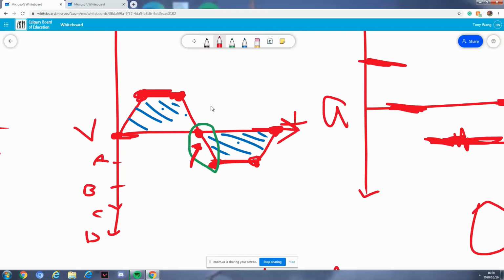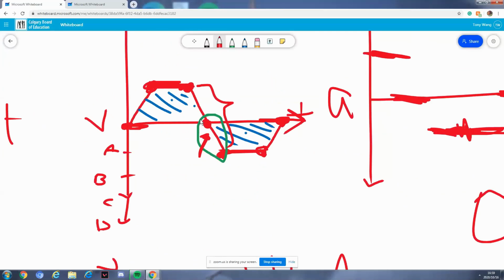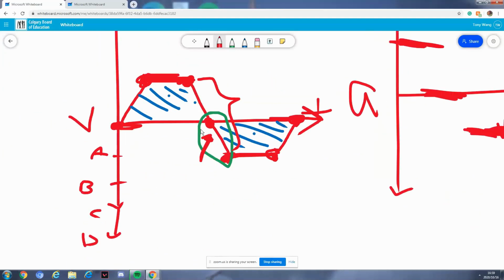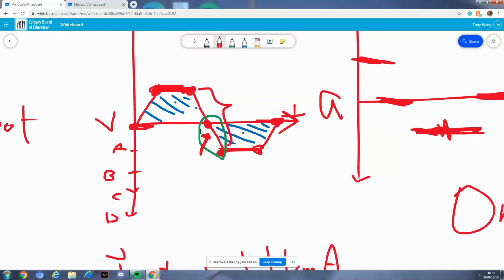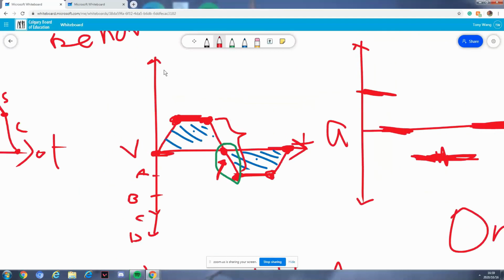Rachel, how would you explain this? You have to think about the bigger picture. Just because it's on the x-axis doesn't mean it's not moving or accelerating. You still need to calculate the slope of the greater line to find the acceleration, because only in this moment of time is it not moving, but throughout its journey, it's still moving.